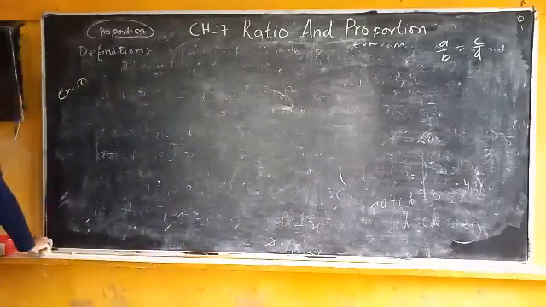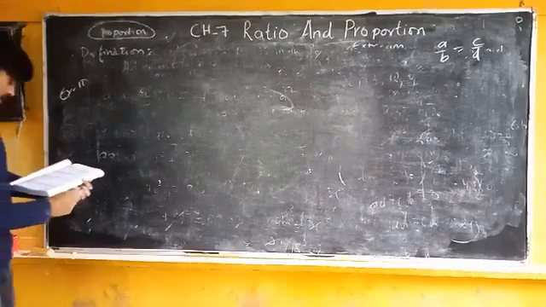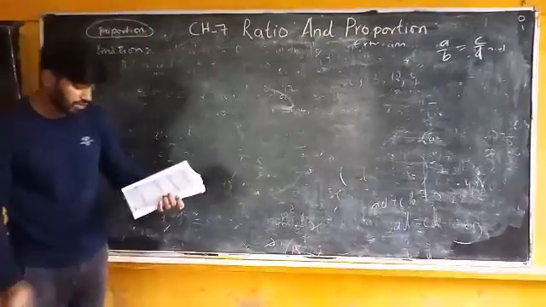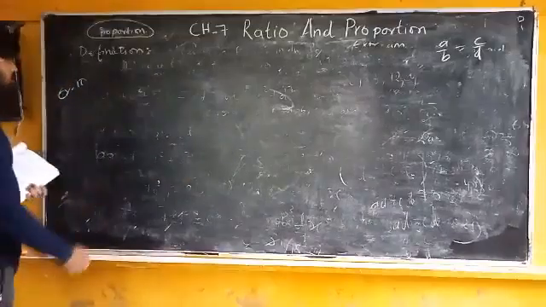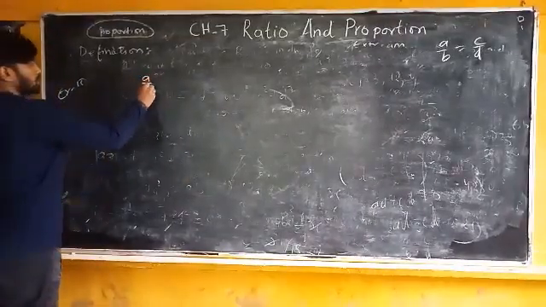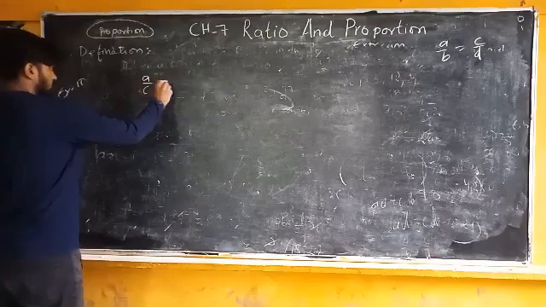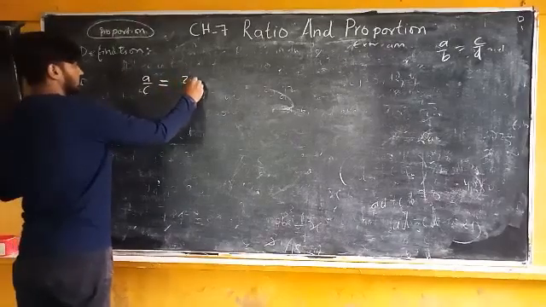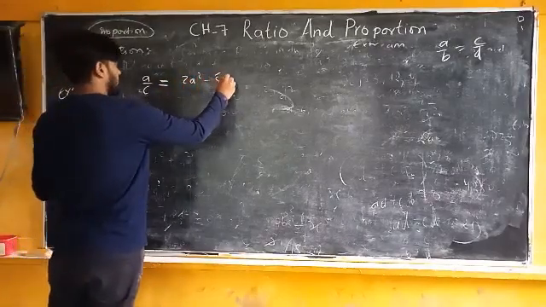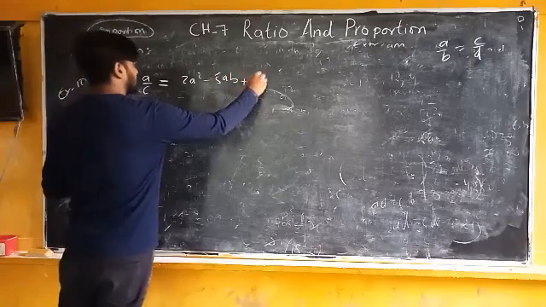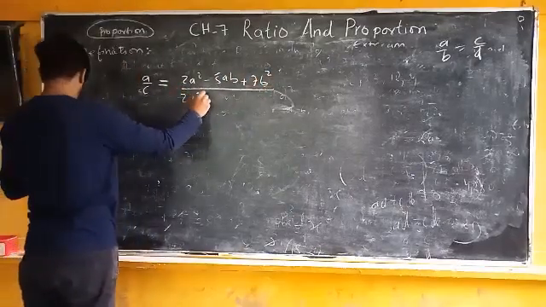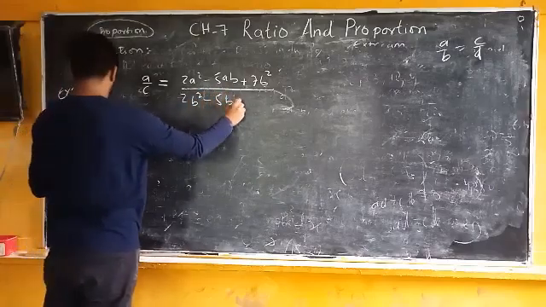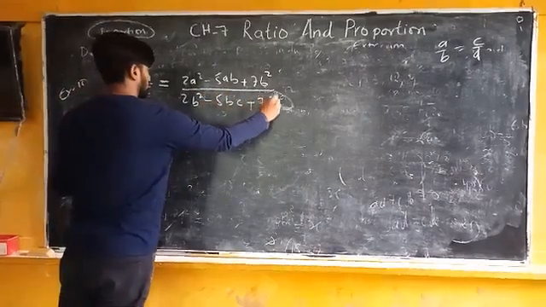Okay. So let's see. If A, B, C are in continued proportion, prove that A upon C equals to this. A upon C equals to what? I have to prove 2A square minus 5AB plus 7B square upon 2B square minus 5BC plus 7C square.